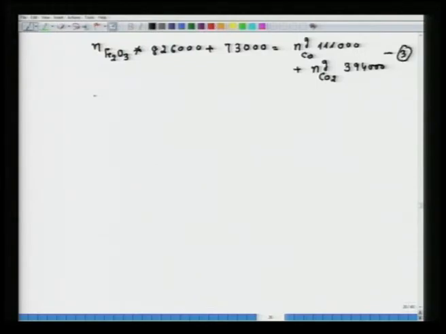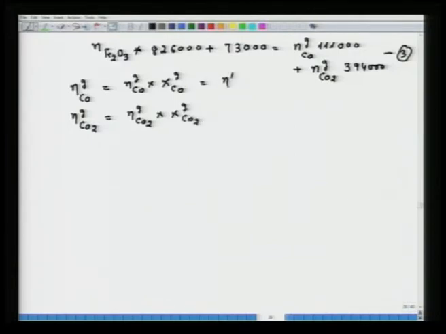Now, as you recall, I said that NgCO and NgCO2 can be related to mole fraction, and that is equal to NgCO into XgCO, and this will be NgCO2 into XgCO2, that can be related with the active carbon.